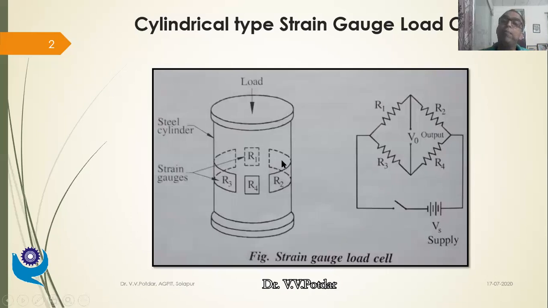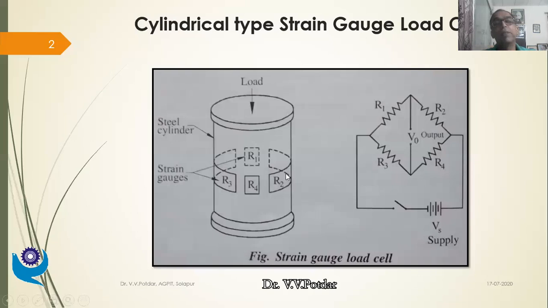Because mu is Poisson's ratio, which is lateral strain upon longitudinal strain, I will be getting this lateral strain in the form of mu epsilon. So ultimately there will be plus delta R because this resistance is increasing. Why is this resistance increasing?